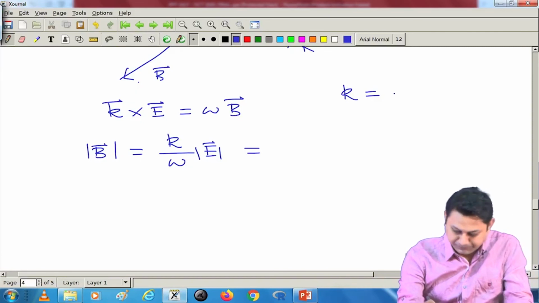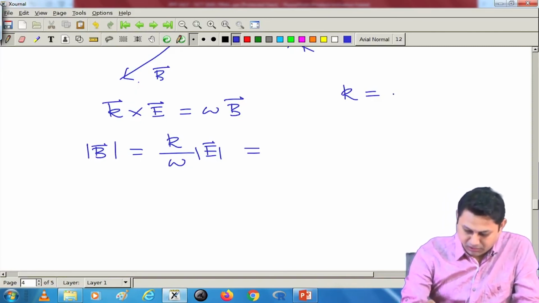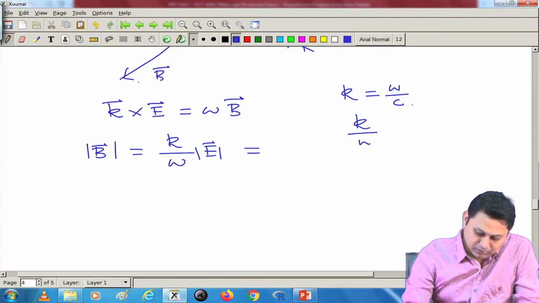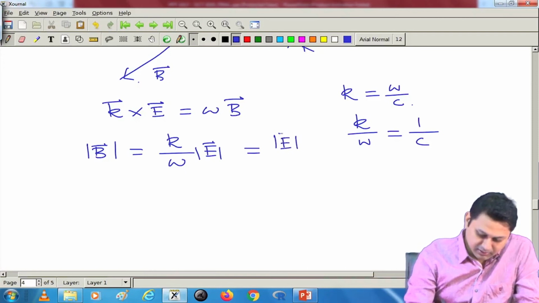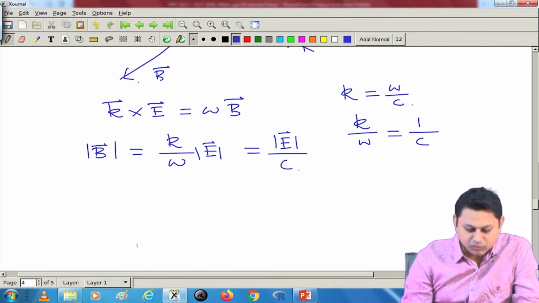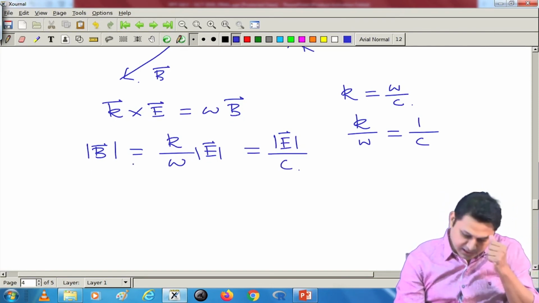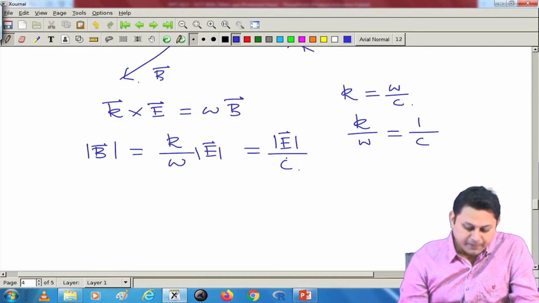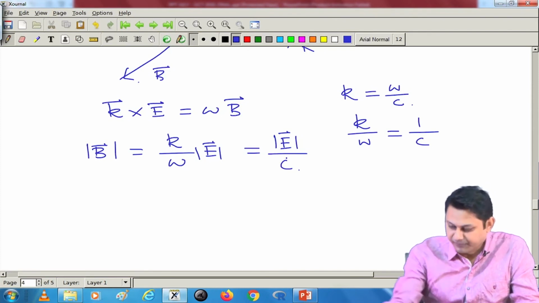So, k is equal to omega divided by c. So, k by omega is simply 1 divided by c. So, the magnitude of B is the magnitude of E divided by c. That means the magnitude of B and the magnitude of E are correlated with the value c, and you can see that c is sitting in the denominator. So, the magnitude of B is much smaller than the magnitude of E in the electromagnetic wave.